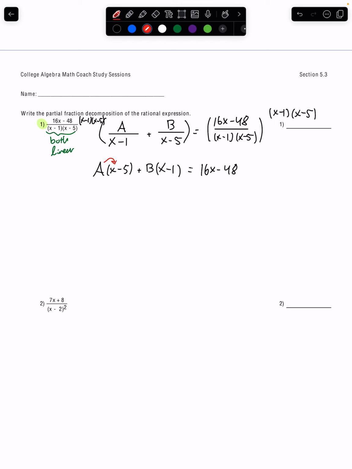Now we're just going to FOIL each piece out. We get ax minus 5a plus bx minus b is equal to 16x minus 48. We want to get the x terms and the constants by each other, so we can reorganize it like this.